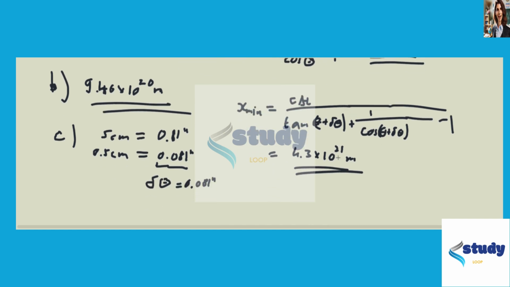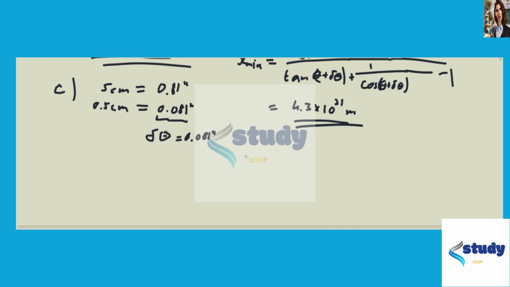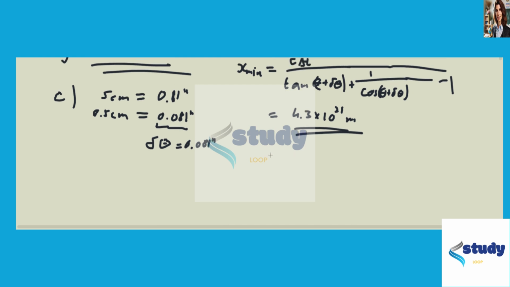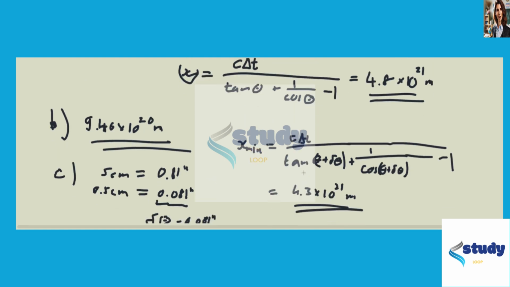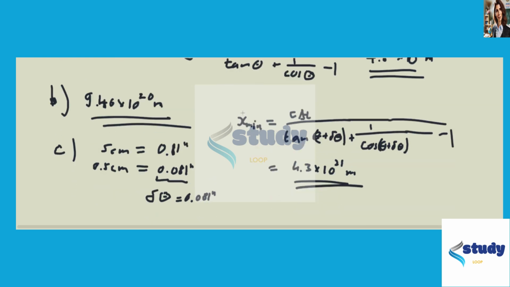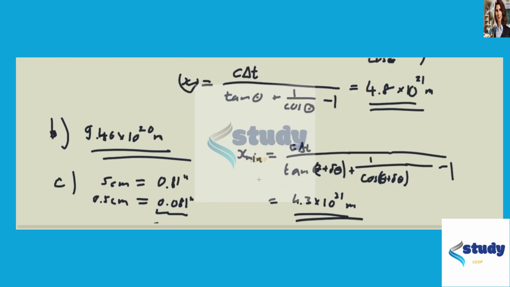So then what we're going to do to find the error is to take this central value and divide the difference between the minimum and the central value by the central value. So in other words, we're going to get that delta x over x is equal to the uncertainty. It's called the relative uncertainty in x.